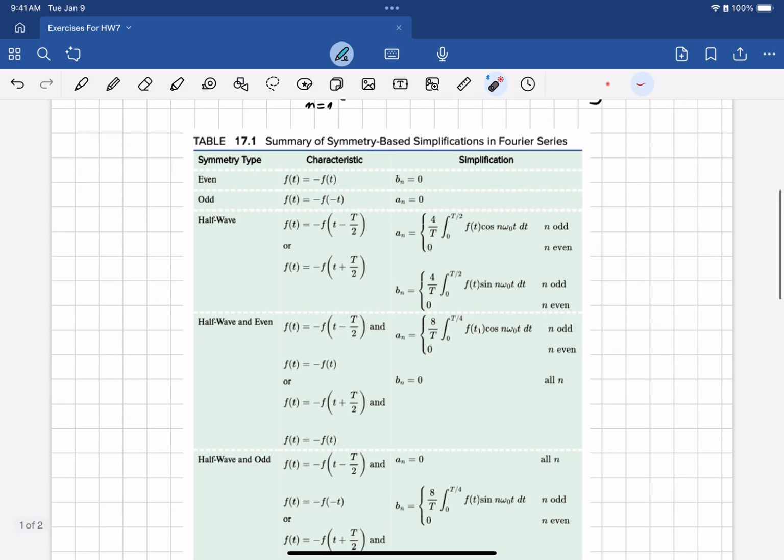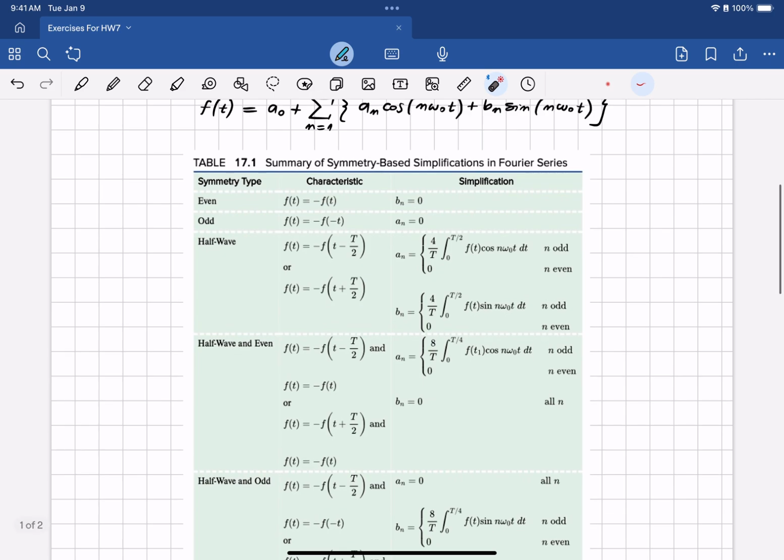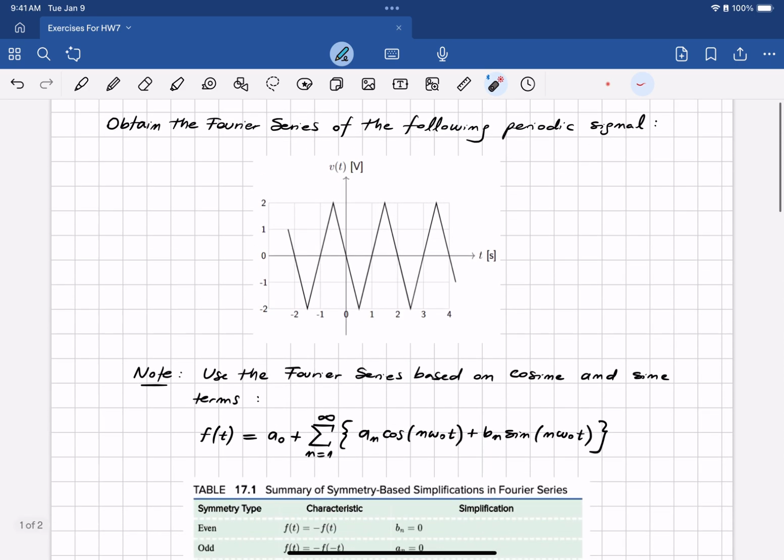So we need to identify in this case what symmetry is present in the signal. By the way, it's important to mention also that some signals do not have any type of symmetry, and you need to go ahead and get all the coefficients, an, bn, and a0. But in most cases, I would say, they do have symmetry, and we can definitely simplify the calculations.